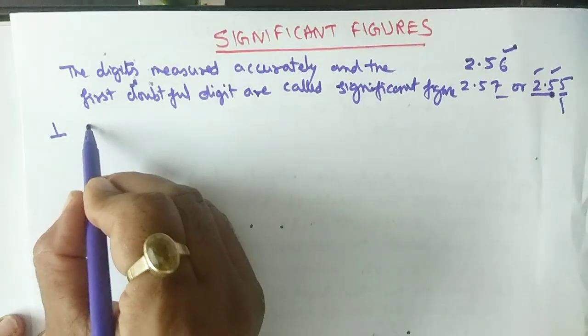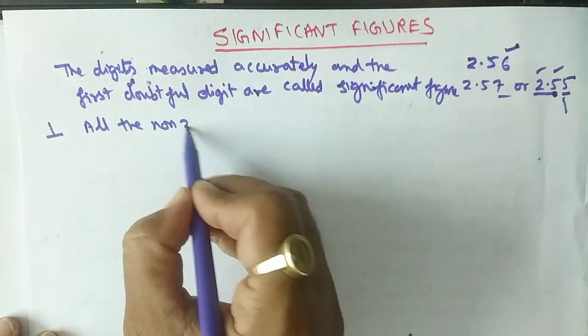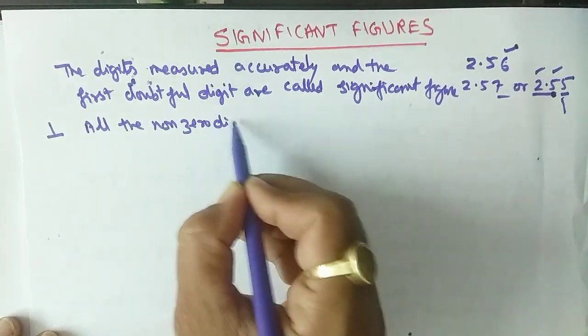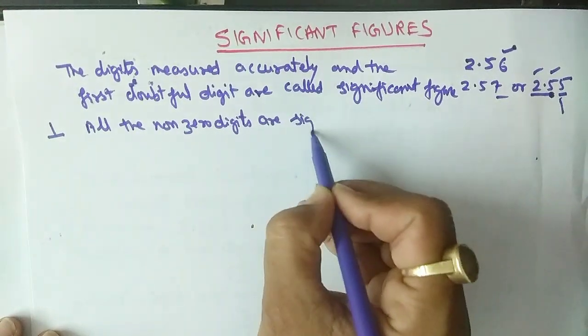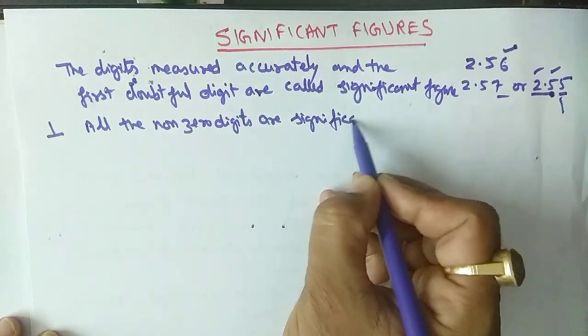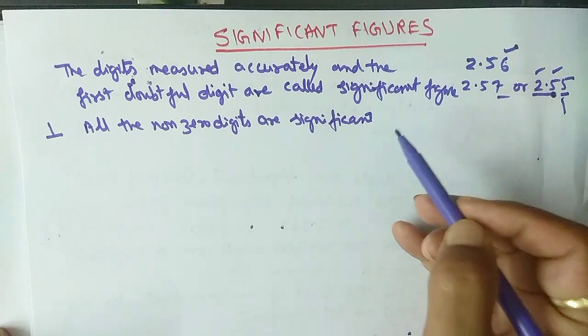The first rule is that all the non-zero digits are significant. All the non-zero digits are significant.